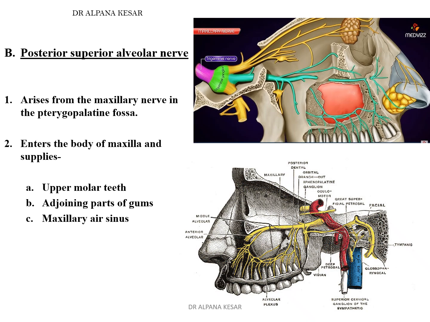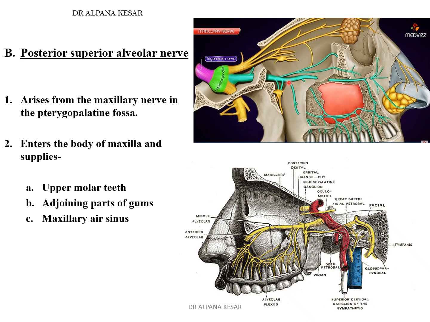The second branch of maxillary nerve is posterior superior alveolar nerve. Posterior superior alveolar nerve arises from the maxillary nerve in the pterygopalatine fossa.